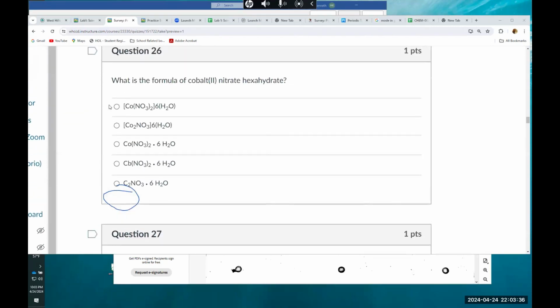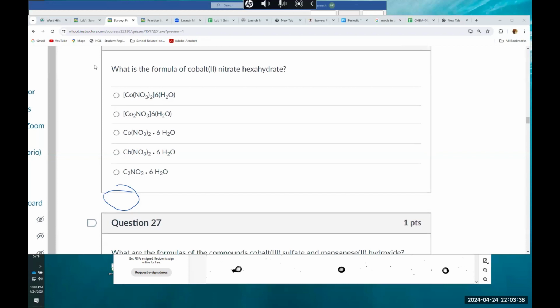The 26. Okay. So what do we know? Cobalt has 6 hydrates, so we know we have 6 waters. They all seem to have 6 waters. But is this the way we write it? No. So we can get rid of that one. We need the dot. Okay, what else?